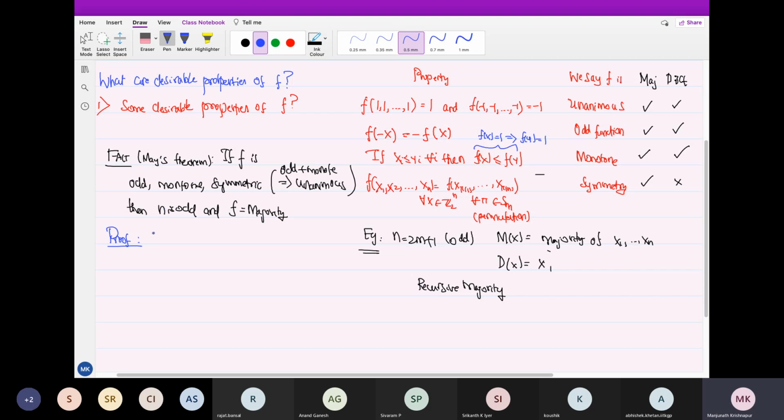I say that f must be of the form... First of all, any x can be brought to the form where I have all the ones first and then the minus ones, by a permutation.